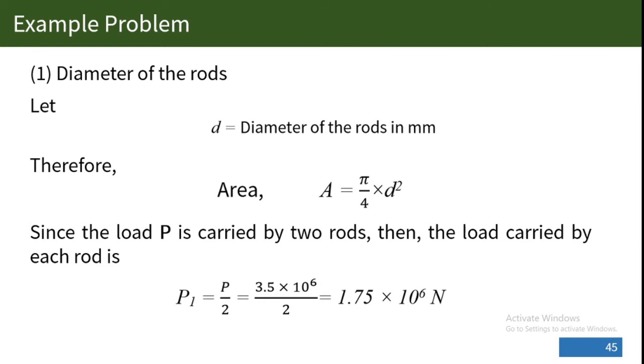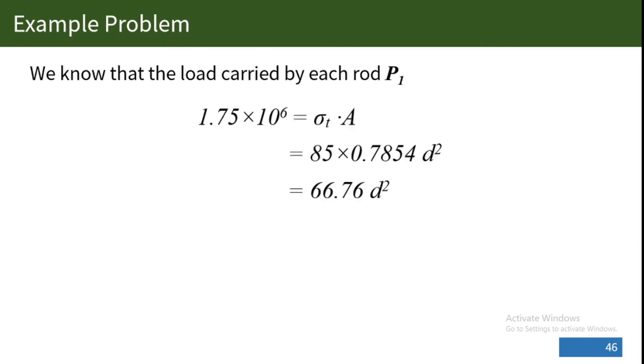Because there are two rods, each rod carries one half of the 3.5 million newtons, or 1.75 million newtons of loading. So we know that the load carried by each rod, P, is equal to 1.75 times 10 to the power of 6 newtons.